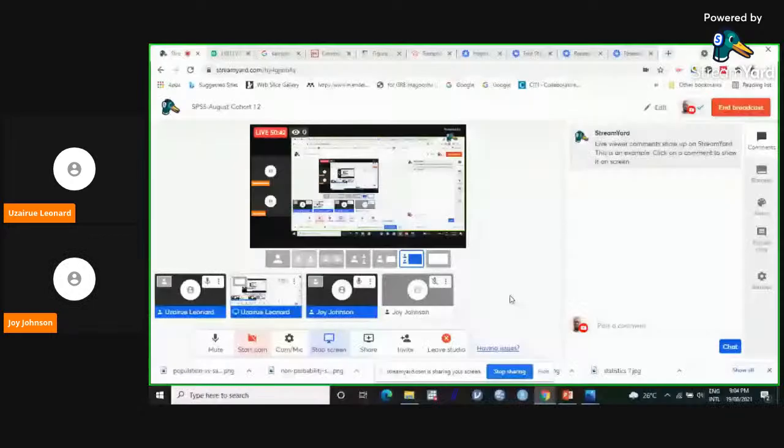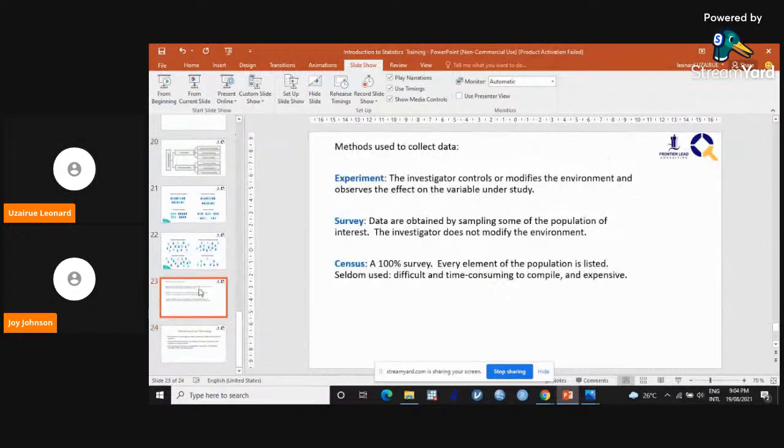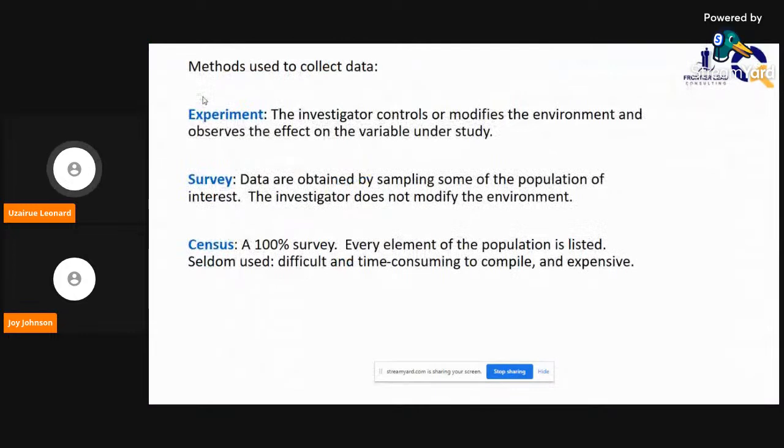Okay. So basically, this is where I was. I spoke quite a lot about experiment and survey. Then I made mention that census is actually a cumulative survey of every individual in a population.